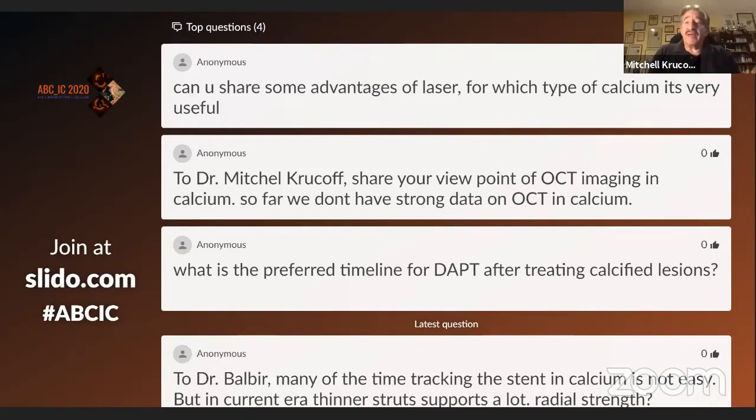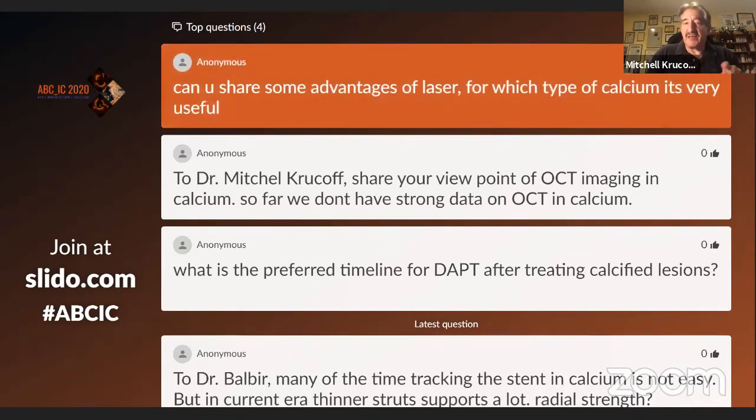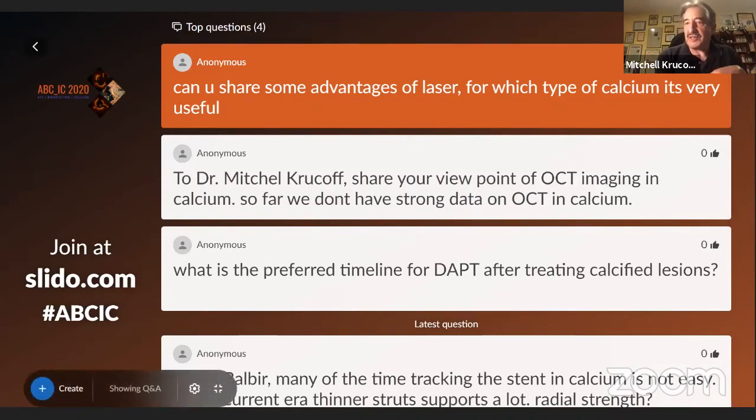He can tell us where exactly he uses it and how he uses it. Yeah, so in fact, laser is a fascinating technology. You all probably know there was a laser wire which was developed, and I was on the FDA advisory panel that reviewed that wire. For settings like Dr. Selvamani you're referring to, when a wire won't cross, you can use a laser wire to find a path, really as a CTO type of question.